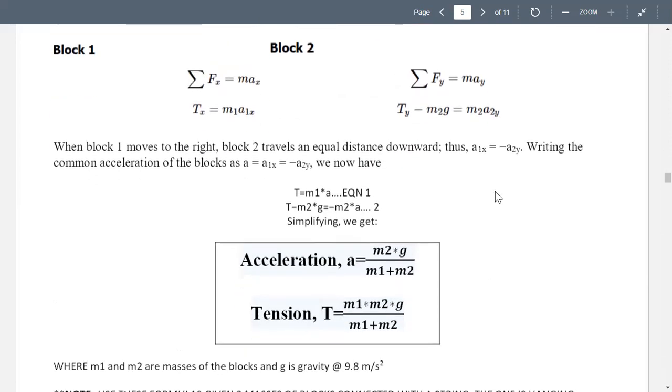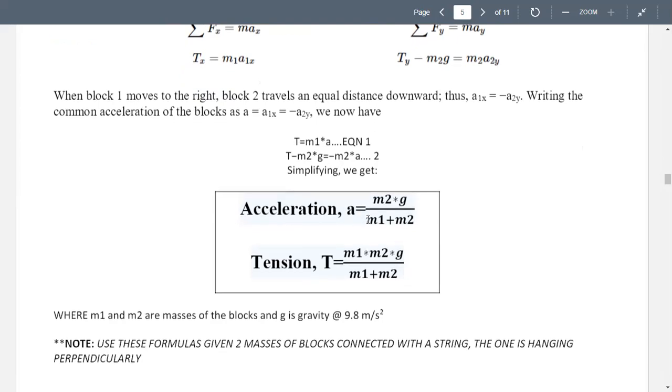Further simplifying the following equations, this is your first equation and this is your second equation. Simplifying it, where tension would be equal to M1 multiplied with your a, and then substitute your tension to your second equation here. Simplifying, we get for the acceleration, a is equal to M2 multiplied with your gravity all over the first mass plus second mass.